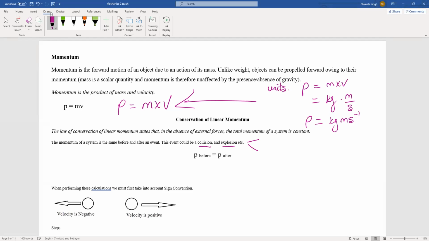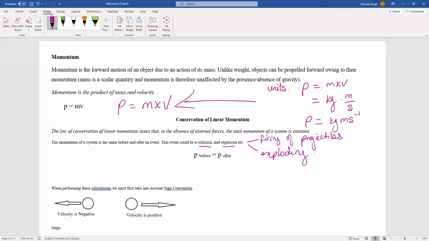Explosions could be firing of projectiles, something like firing a cannon, firing a bullet from a rifle, firing a pebble from your slingshot. Those are firing of projectiles. Or exploding. Explosions are when you take one object and burst it into 2 or 3 parts and they travel at a very high speed.